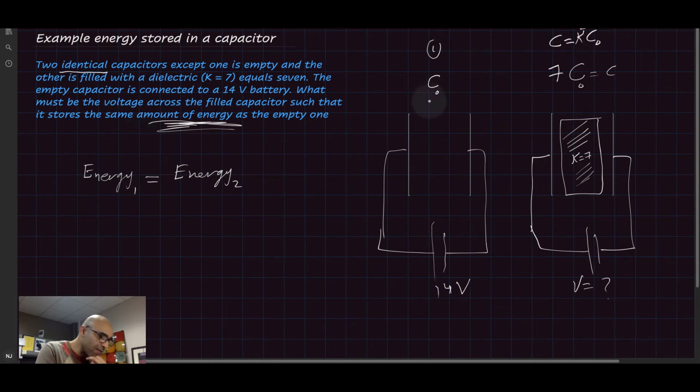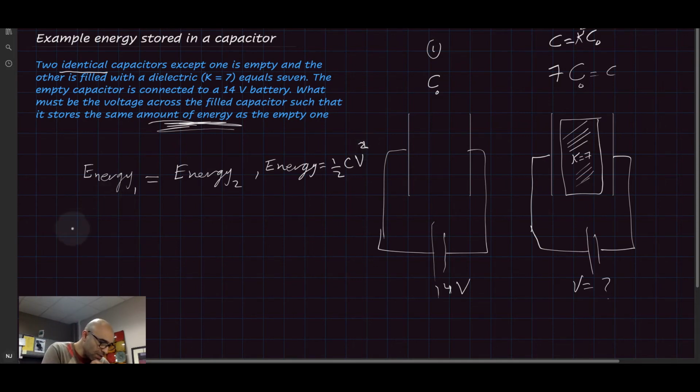It seems that we have the capacitance, and we have the voltage. I believe maybe we should use this equation in general, where energy is equal to 1/2 times CV squared. If it doesn't work, we can actually use another form if we need to. But let's try this one.